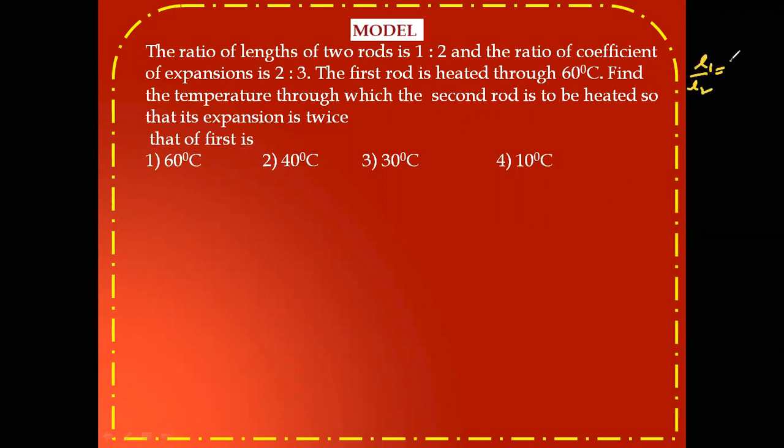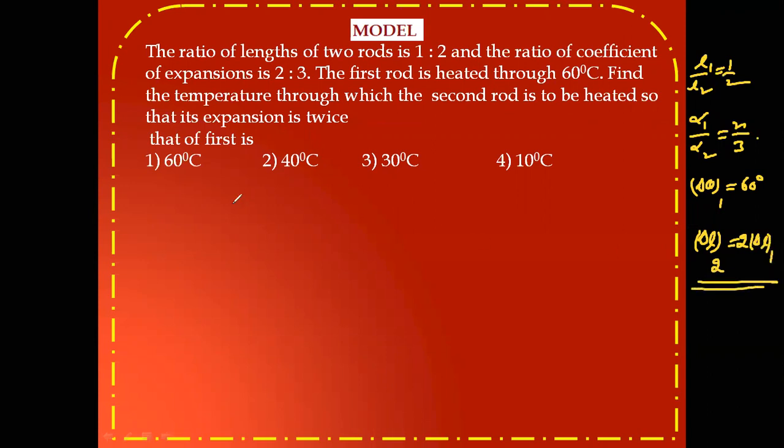L1 upon L2 is equal to 1 upon 2. And the coefficients of linear expansion, alpha 1 upon alpha 2, is equal to 2 by 3. The first rod is heated to 60 degrees. That means the rise in temperature of the first rod is 60 degrees. Find the temperature through which the second rod is to be heated so that its expansion is twice that of the first rod. So the information they give is delta L of the second rod is equal to 2 times the delta L of the first rod.